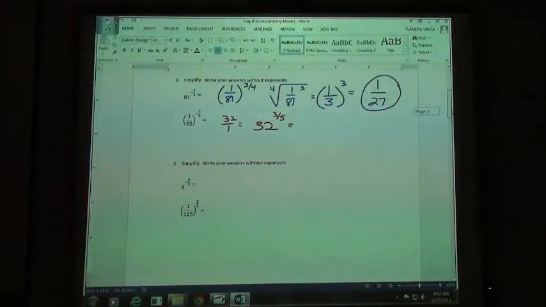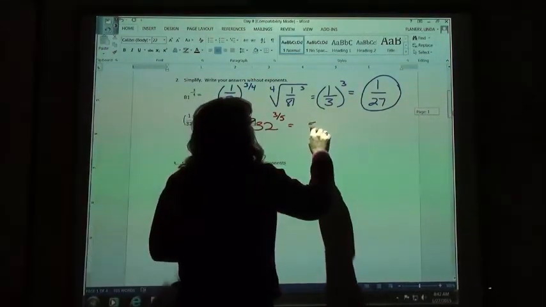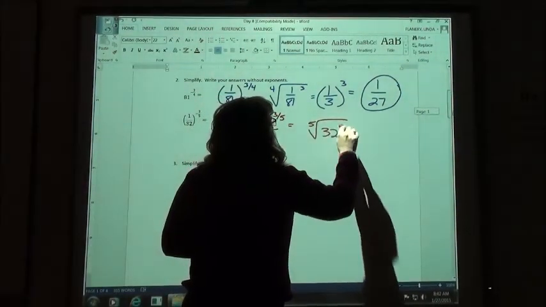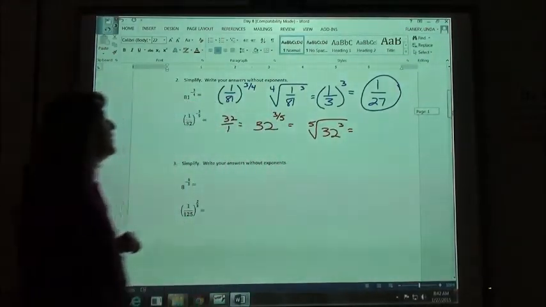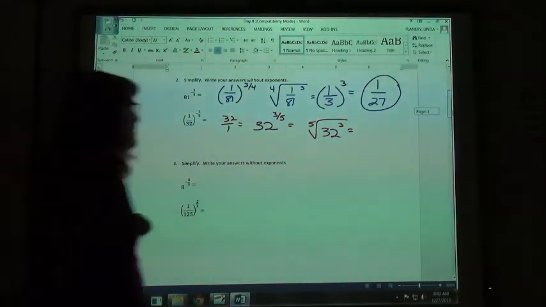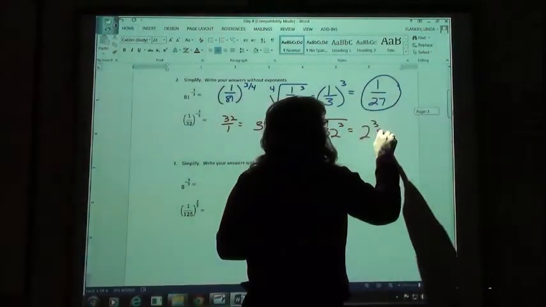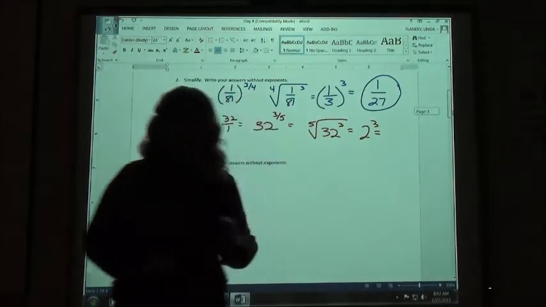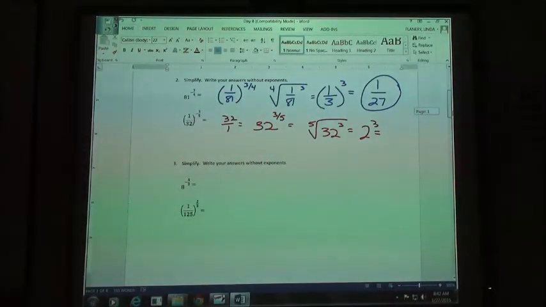So I'm going to do the 5th root of 32 and cube that answer. So the 5th root of 32 is 2, and then 2 cubed is 8, exactly.